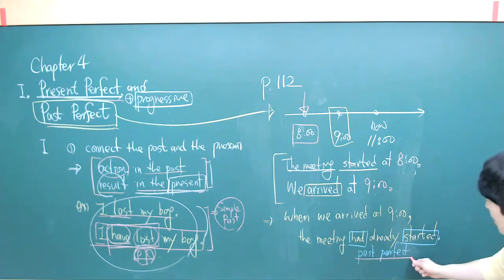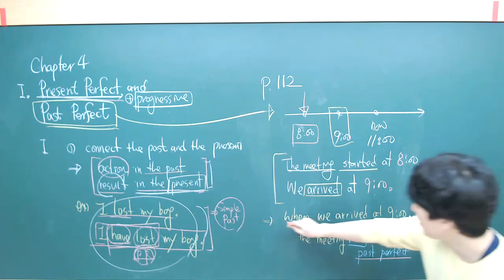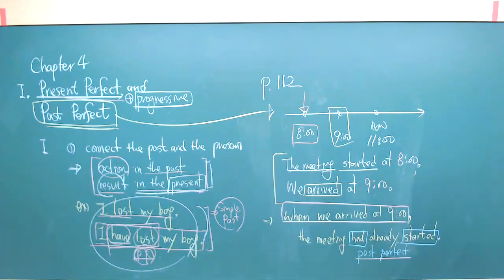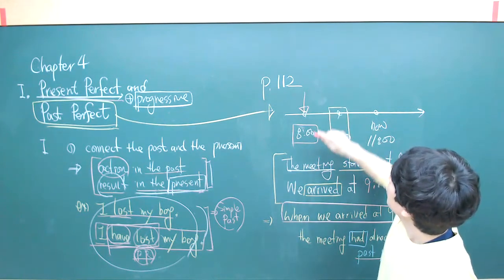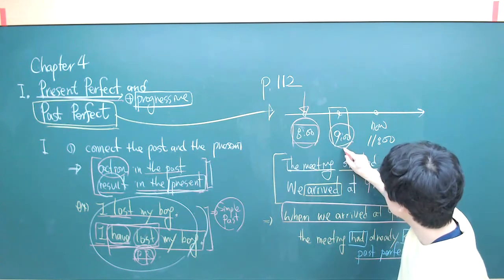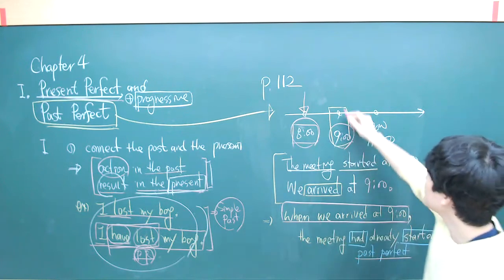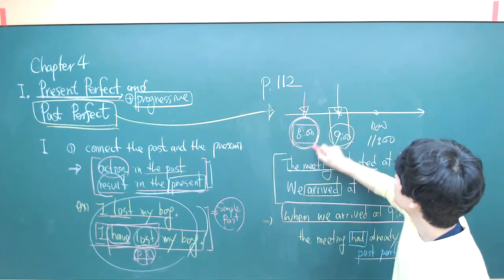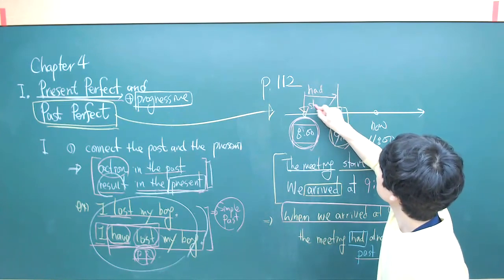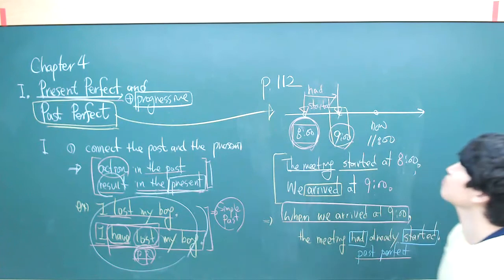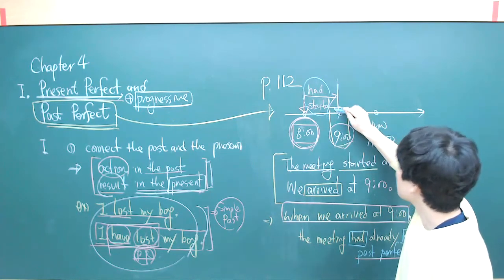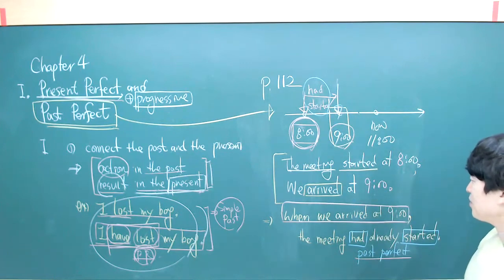And past perfect must be used when this kind of condition exists. The meeting started at 8, we arrived at 9. So when we arrived, the meeting had already started. The meeting had started before we arrived, okay?